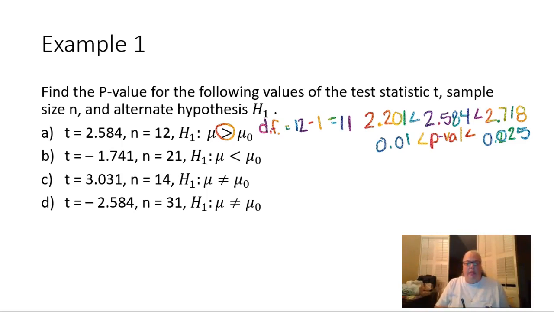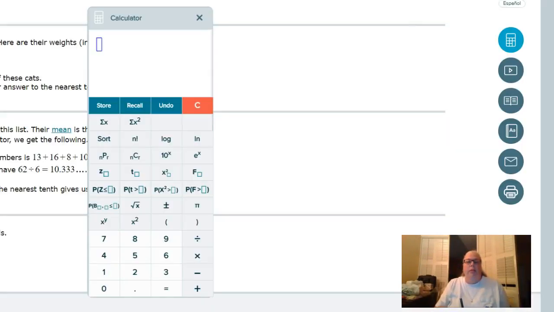We'll pull up the ALEKS calculator. And the key you're looking for is right down here on the 5th row. It's this one. The PT is greater than. The first box, you're supposed to put your test statistic in. That was 2.584.